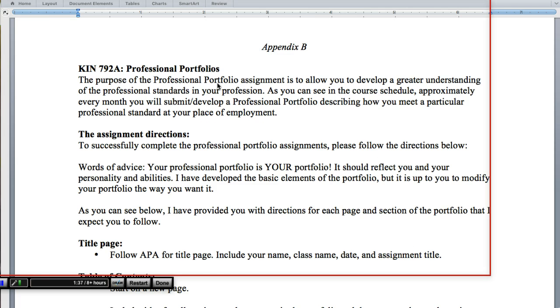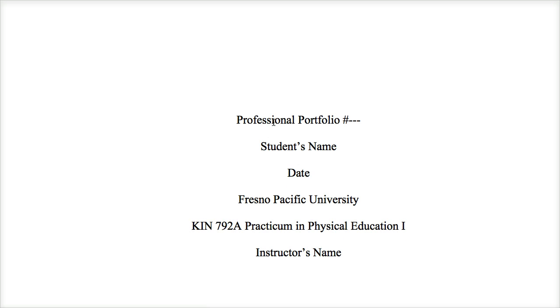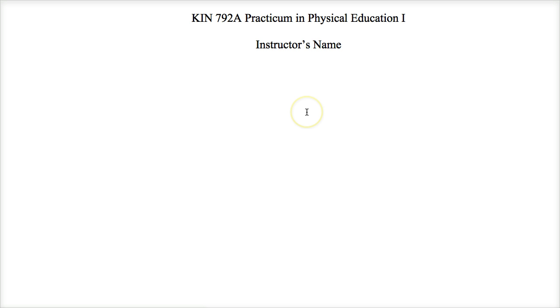So what I'm going to do is just go straight over to the template that I've provided you here. I would like you just to go ahead and use the template as is. So on the first rough draft, what you'll do is professional portfolio number 1 here, your name, the date, and my name here.